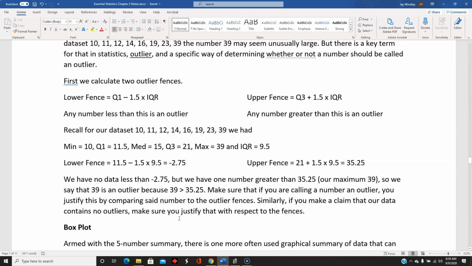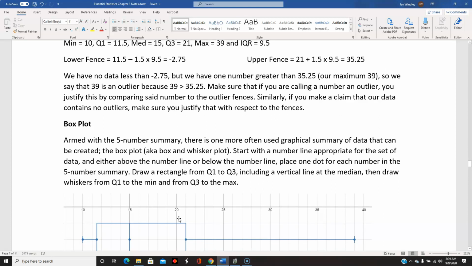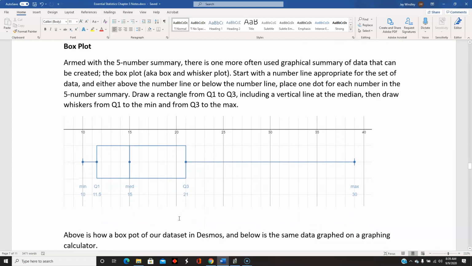So also with the 5-number summary, we can do something called a box plot. A box plot is basically just a graph of the 5-number summary. The hardest thing for students when we're doing this on paper is usually to get a well-spaced out number line.